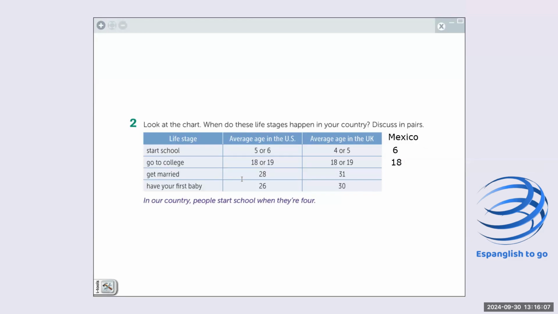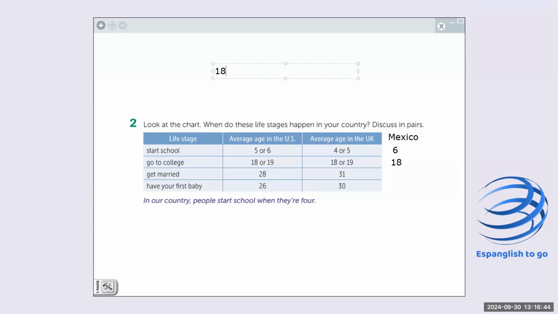Then, to get married, it's difficult, because if the people are young... 18 or 30 or 31.